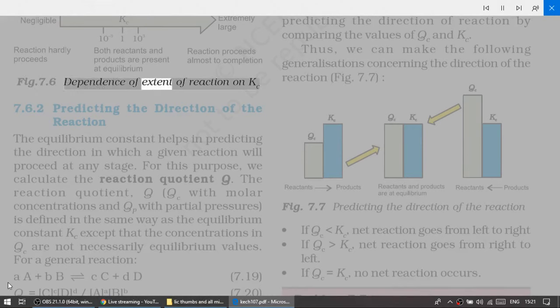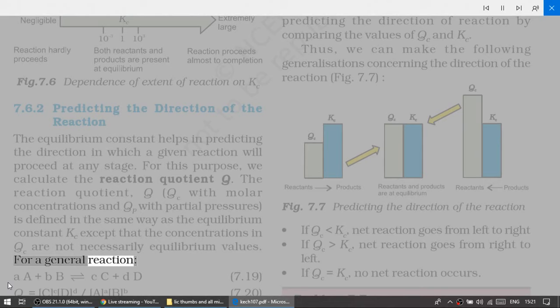Fig. 7.6 Dependence of extent of reaction on Kc. Predicting the direction of the reaction. The equilibrium constant helps in predicting the direction in which a given reaction will proceed at any stage. For this purpose, we calculate the reaction quotient Q. The reaction quotient Q, Qc with molar concentrations and Qp with partial pressures, is defined in the same way as the equilibrium constant Kc, except that the concentrations in Qc are not necessarily equilibrium values.